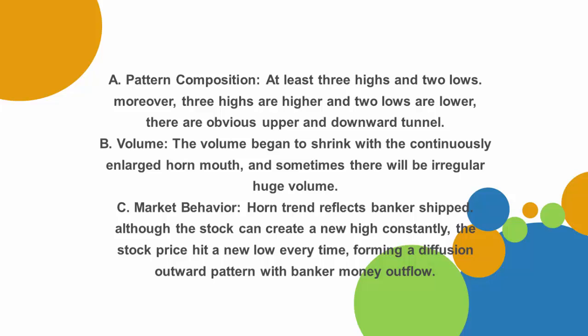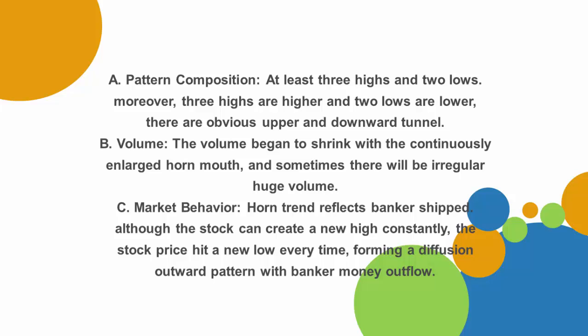If you see the price like this, this is the whole pattern. Then the next one, volume. The volume began to shrink with the continuously enlarged horn mouth, and sometimes there will be irregular huge volume. Then the next one, market behavior.